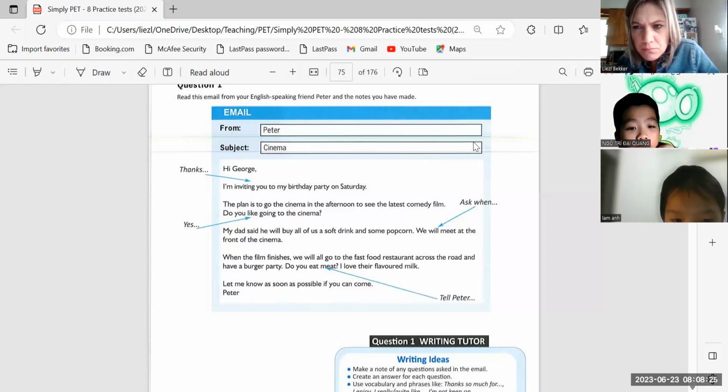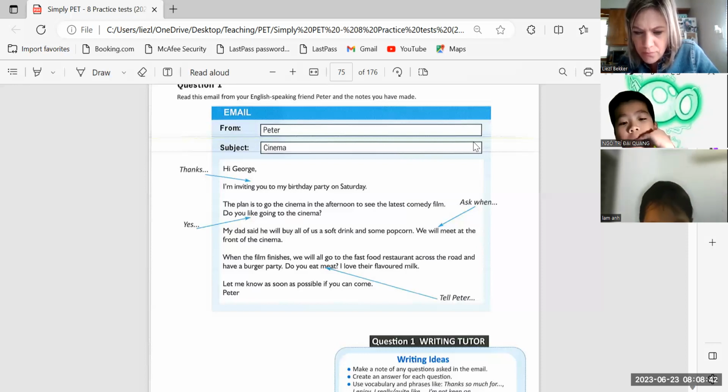We will meet at the front of the cinema. When the film finishes, we will all go to the fast food restaurant across the road and have a burger party. Do you eat meat? I love their flavored milk. Let me know as soon as possible if you can come, Peter.